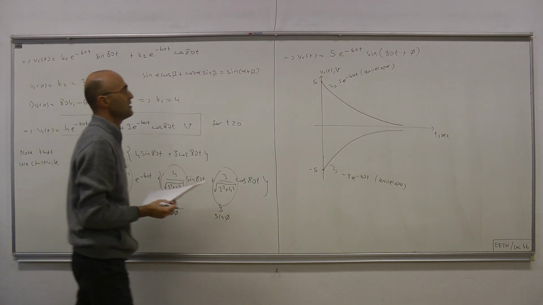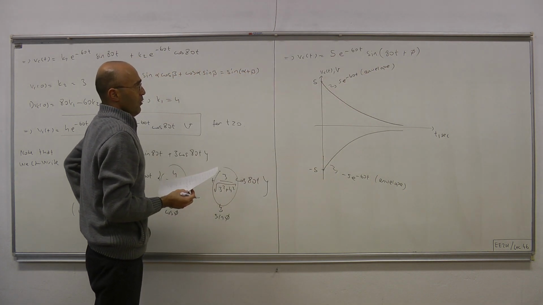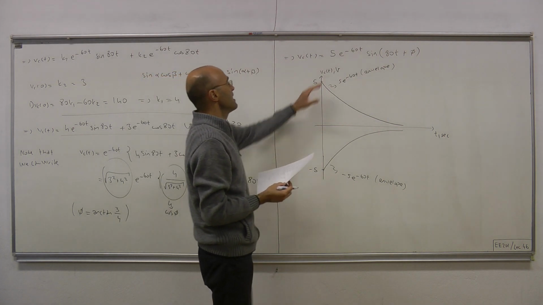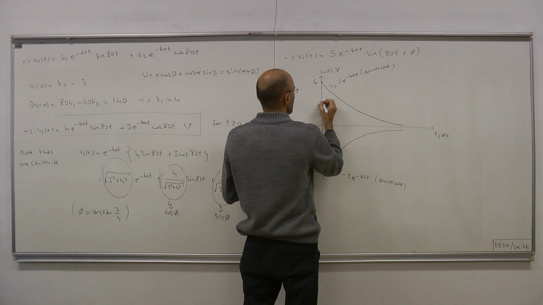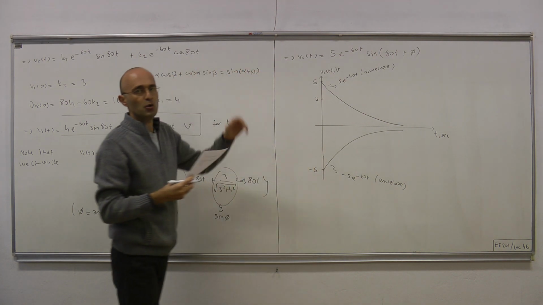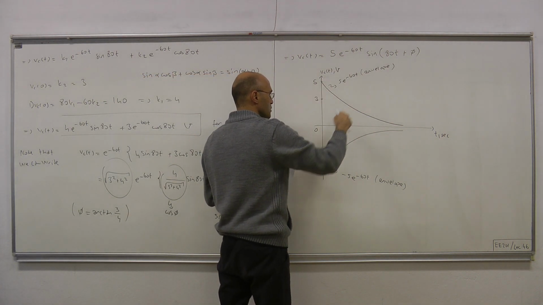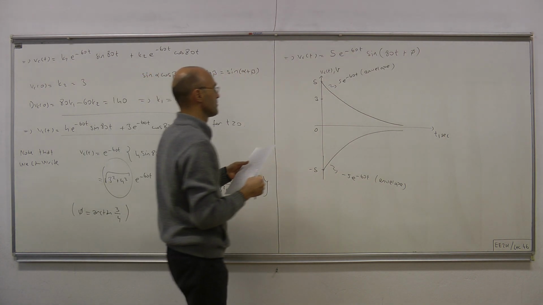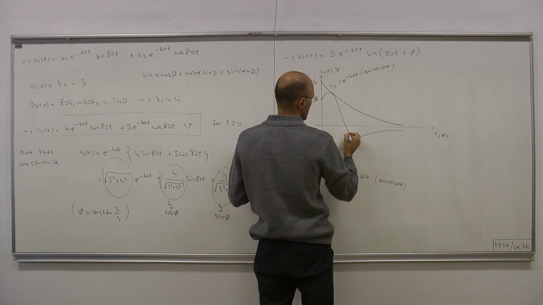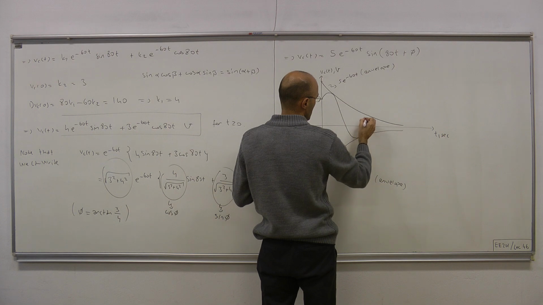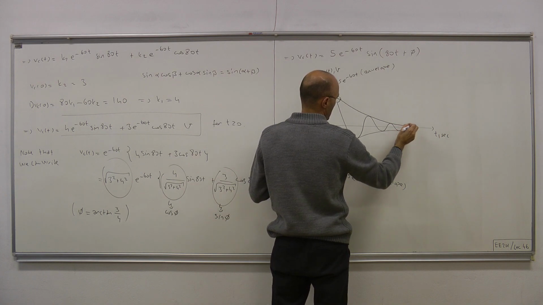Since sine is always of magnitude 1 or less, VC(t) can never leave the envelope. It starts at 3, and then it oscillates with frequency 80 radians per second, converging to 0 while making oscillations. The shape will look something like this. Every once in a while it will touch the envelopes, and so on.